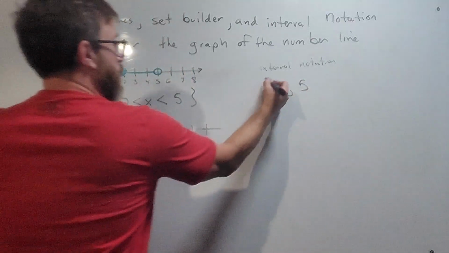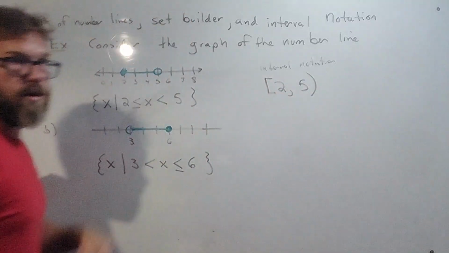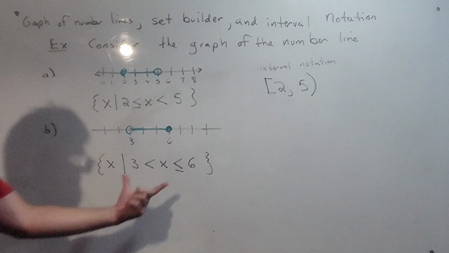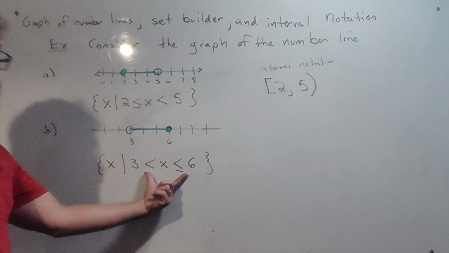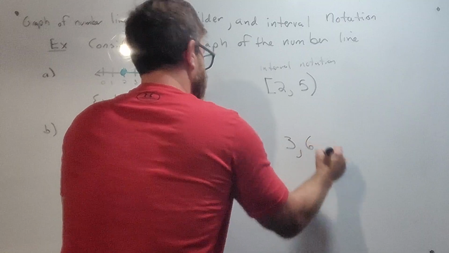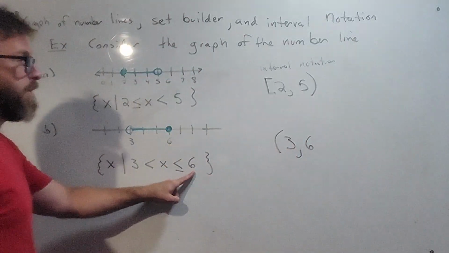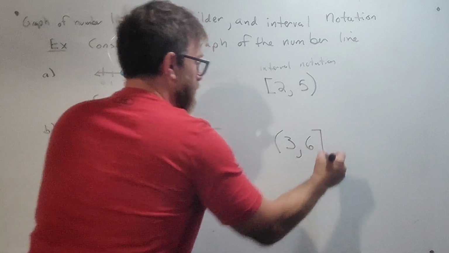Now we include the 2, so we put a bracket around it, but the 5 is not included, so we put a parenthesis around it. Very similar here, our interval is going to go from 3 to 6. 3 being excluded, it's going to have the parenthesis, 6 being included, so it's going to have the bracket.